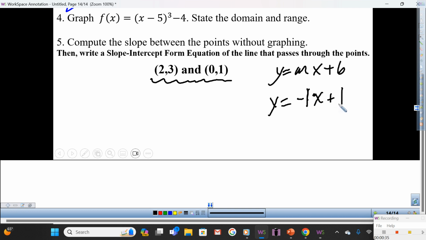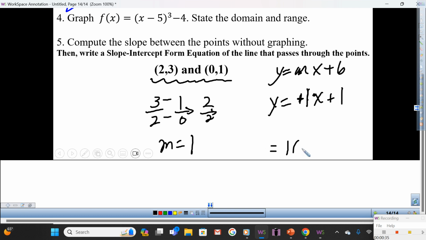Negative 1x plus 1. Let's double check. So let me put 3 over 2 minus negative 1 over 0. This is 2 over 2. So the slope is actually positive 1. So close. Positive 1x. So then we substitute that in here. So we end up with 1 times x plus b.